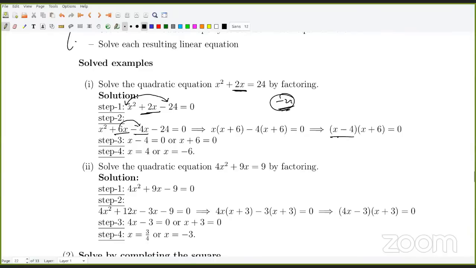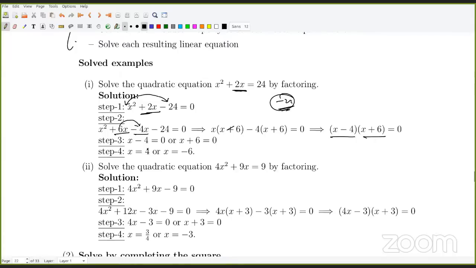Ultimately we get two factors: taking x plus 6 common from these two, we get x minus 4 times x plus 6. Use the zero product property: either x minus 4 is 0 or x plus 6 is 0. So x is equal to 4 or x is equal to minus 6. These are the solutions of this quadratic equation.